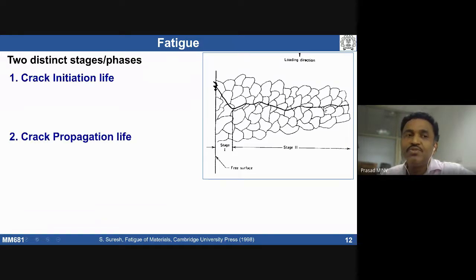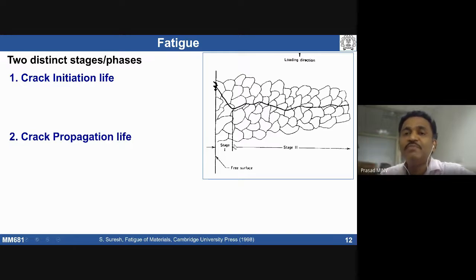The amount of time required for crack initiation, that is for having a micro crack formation, is called crack initiation life.